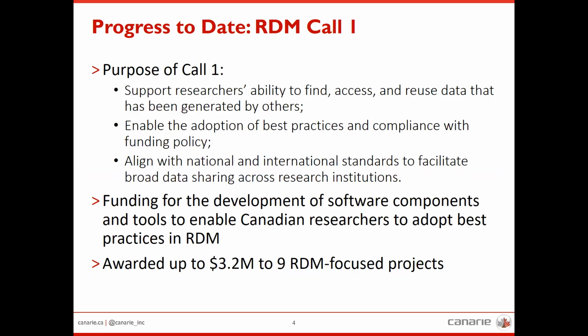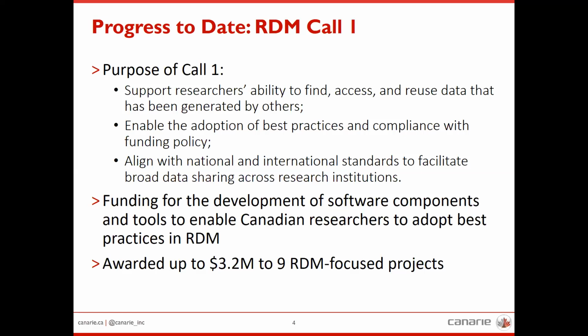So just to go back to Call 1, successful projects were funded last year. That funding will result in up to $3.2 million being allocated to 9 research data management focused projects. And the focus of that initial call was to support researchers in their ability to find, access, and reuse data, enable the adoption of best practices, and align with national and international standards.